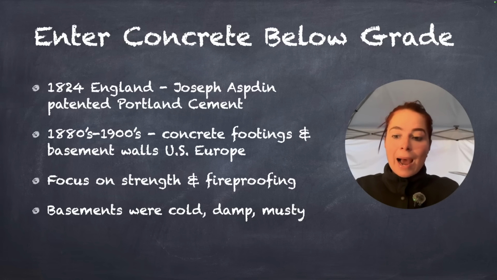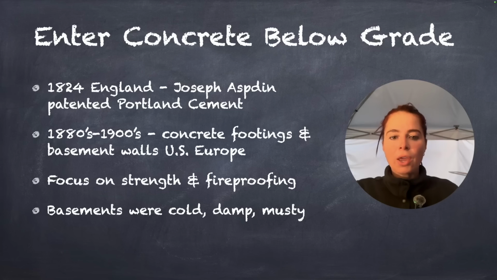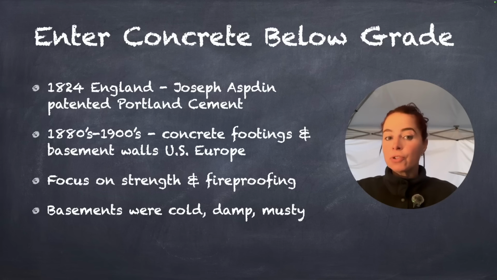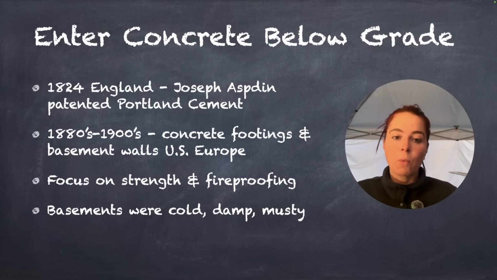Portland cement was an absolute miracle. It was cheap, it was strong, it poured in that monolithic way, that big mass, and they assumed it's solid, so it must be waterproof, right? They didn't understand at that point how strongly concrete will wick water through the tiny microscopic pores that are in there.